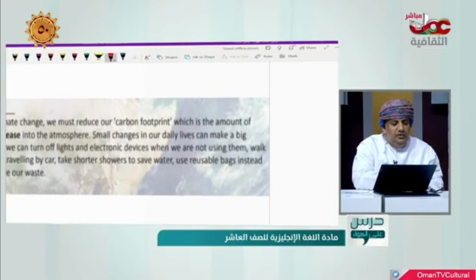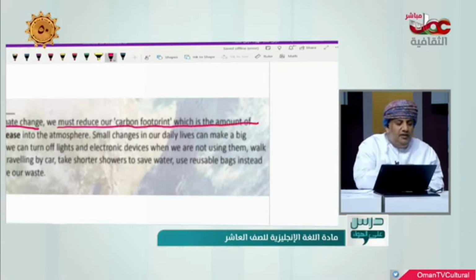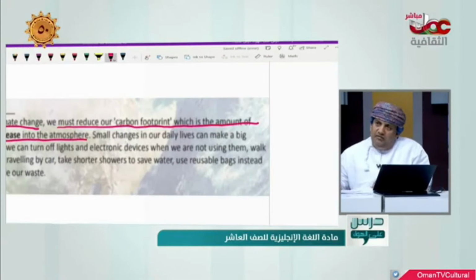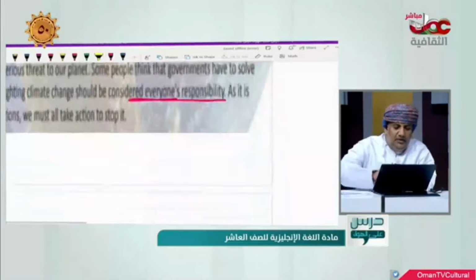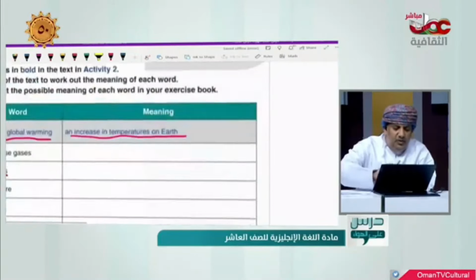If we want to reduce climate change, we must reduce carbon dioxide, which is the amount of greenhouse gases we release into the atmosphere. So it goes up into the atmosphere, something that is in one place and changes to another place. Okay? So now we have the meaning of these words.